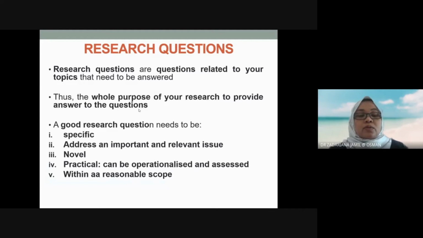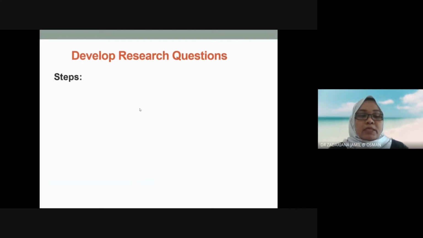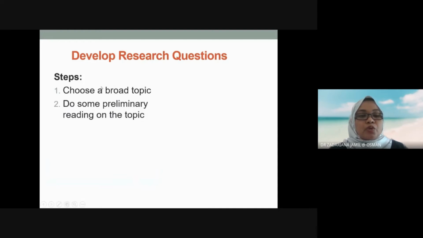So how to develop research questions? The first step is to choose a broad topic of your research area. Do some preliminary reading on the topic to find out the research problem.